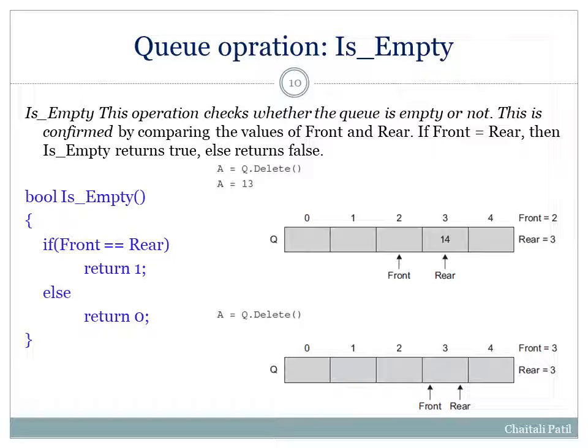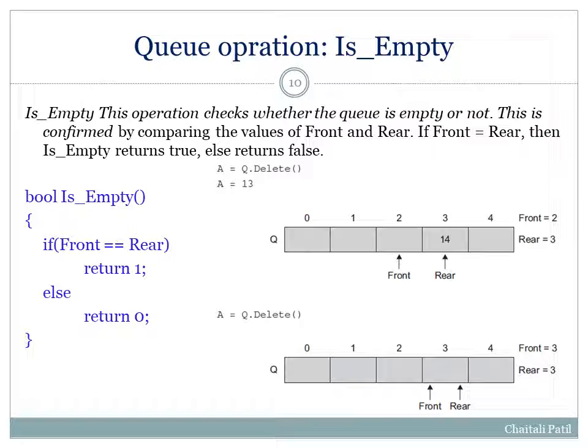Here we have seen the basic operations. I just explained the isEmpty function, but there are two conditions to check whether the queue is empty or not. Initially, when we have initialized a queue, it means we just have created a queue, we have assigned both the front pointer and rear pointer the value -1.